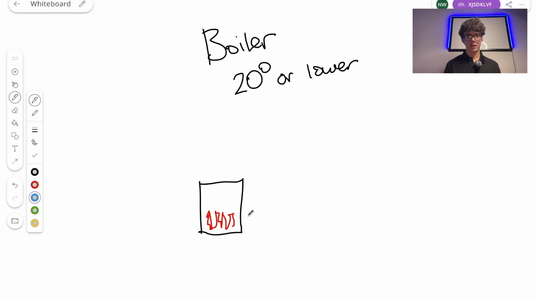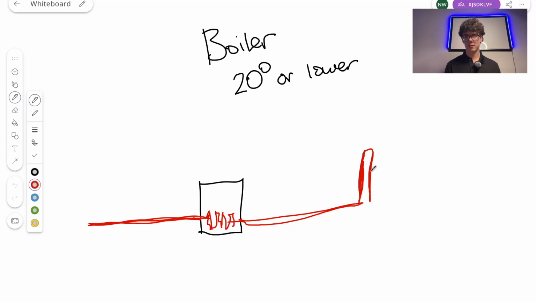The boiler heats water, which then gets sent throughout the house through water lines, and then that hot water gets sent to, I'm sure everyone's seen them, if not, they're called radiators. They look a little something like this. We're going to draw two of them.